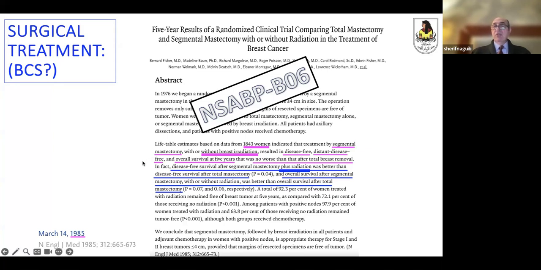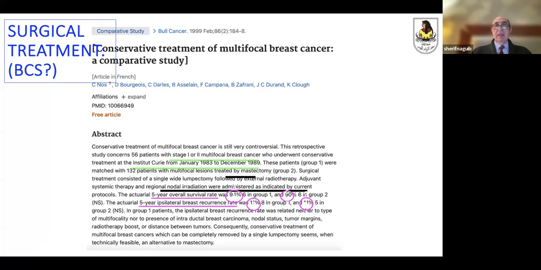So this encouraged surgeons to start trying breast conservation, or segmental mastectomy as it is called here, for the treatment of multifocal or multicentric breast cancer cases.